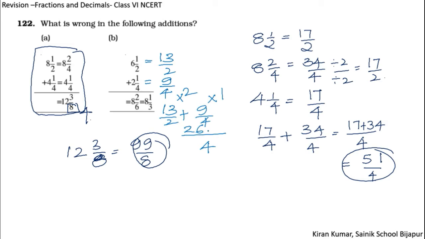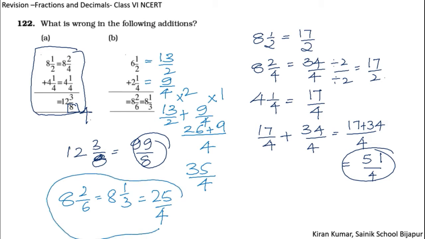We get 26 plus 9, which is 35, divided by 4. When we take 8 2/6, which is 8 1/3, 8 3s are 24, plus 1 is 25/3. Here both are not the same.